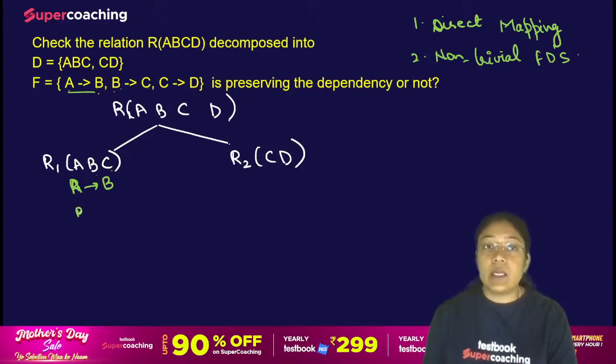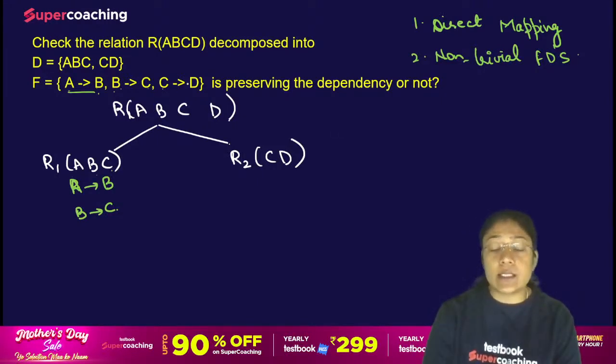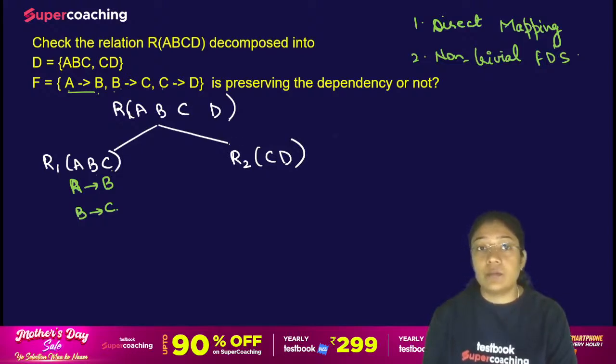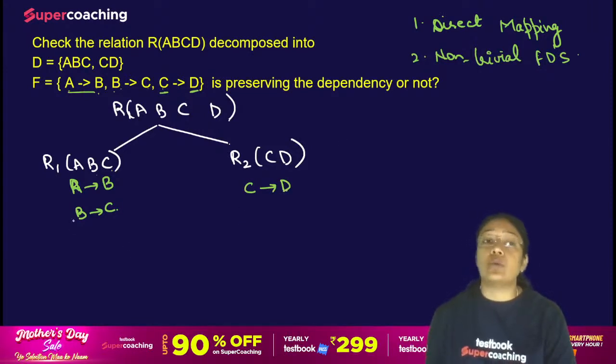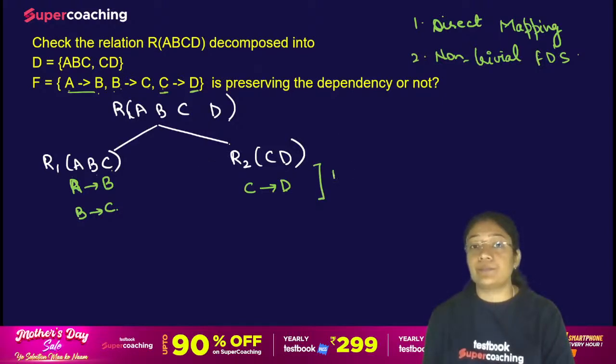R1 में. यानी कि B determines C will be preserved by R1. C determines D. Both the attributes are present in R2. C and D, two attributes are involved in this functional dependency. So C determines D is preserved by R2. This is method 1, that is direct mapping.